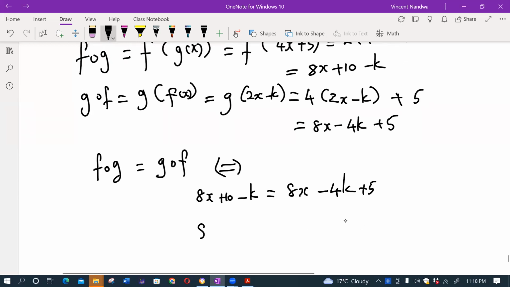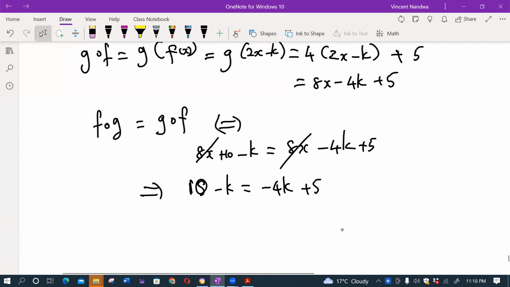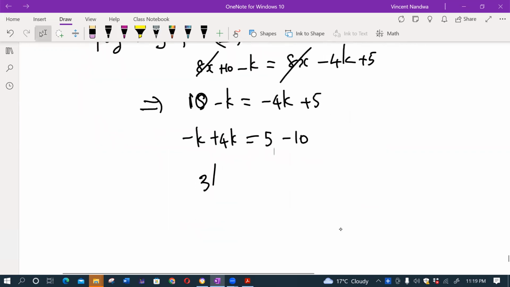So the 8x and 8x cancel out, which means 10 minus k equals minus 4k plus 5. So that we have minus k plus 4k equals 5 minus 10. So 3k equals minus 5, which means k equals minus 5 over 3.